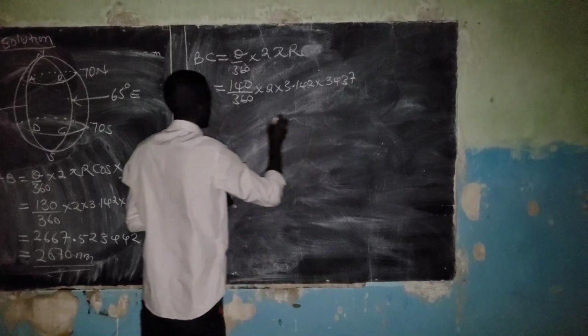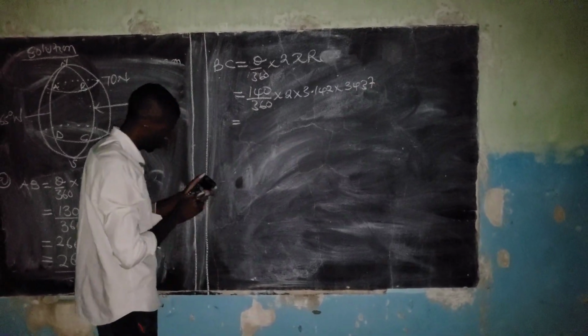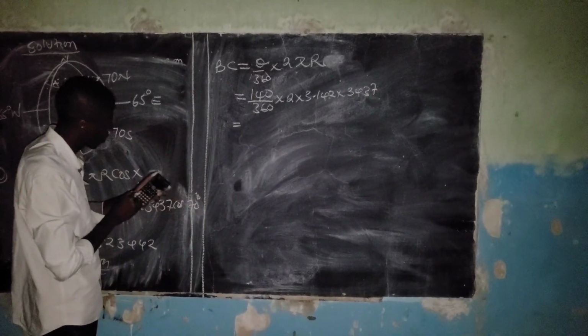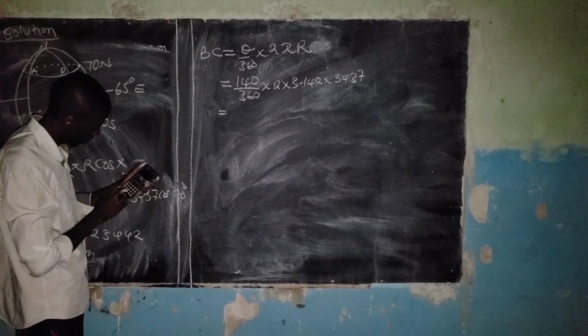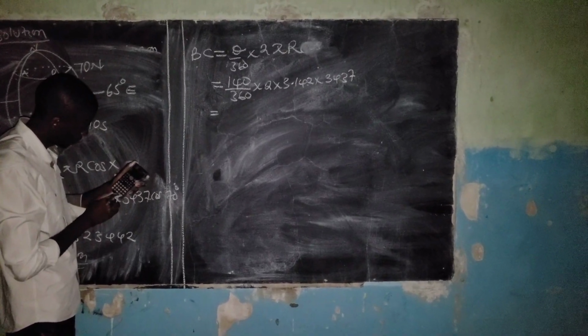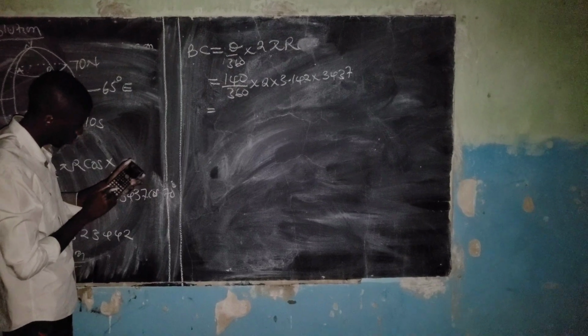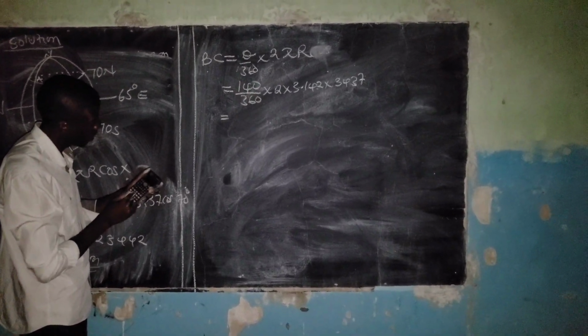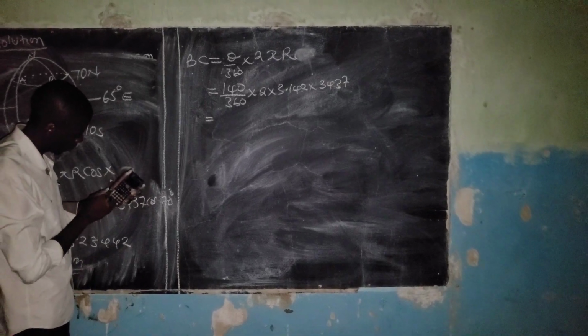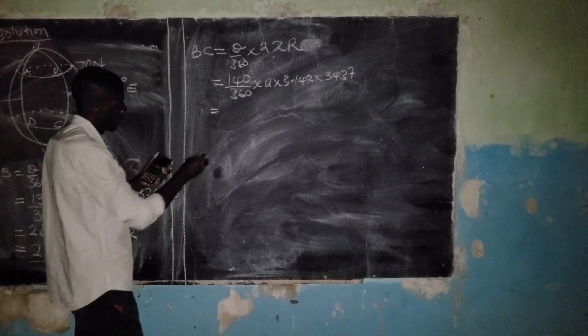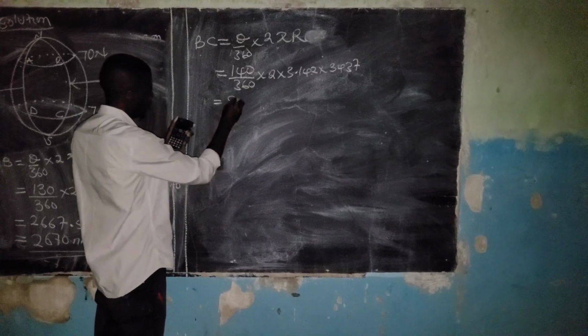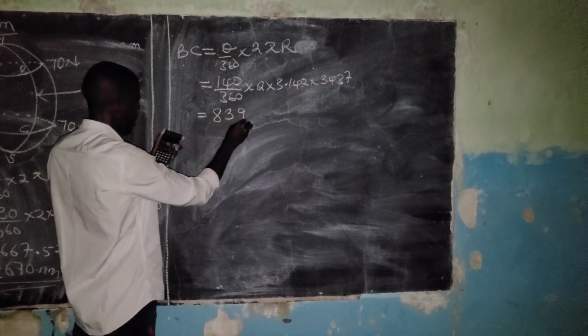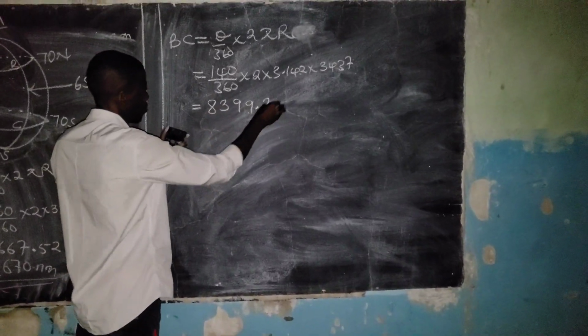3437. Okay, so let's do the multiplication. If you have your calculator there, you can punch and re-verify. 140 divided by 360 multiplied by 2 times 3.142 times 3437. Okay, this gives us 8399.26.